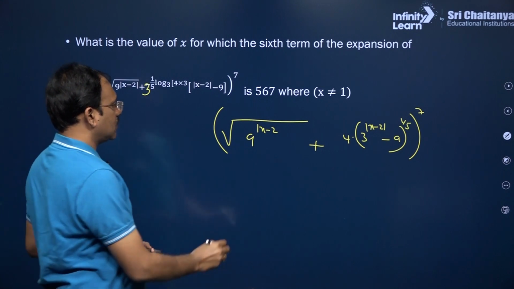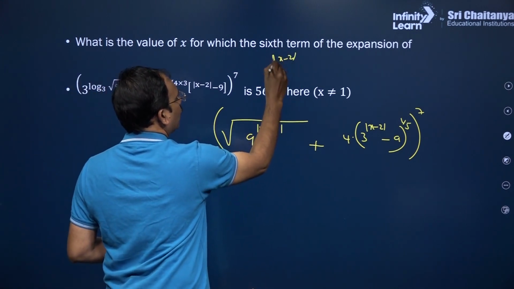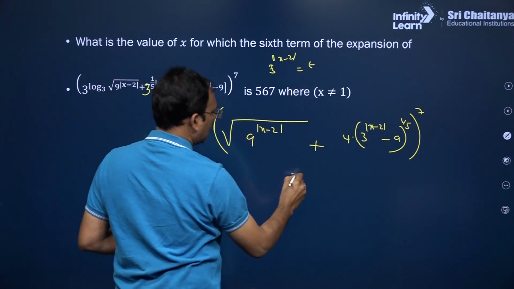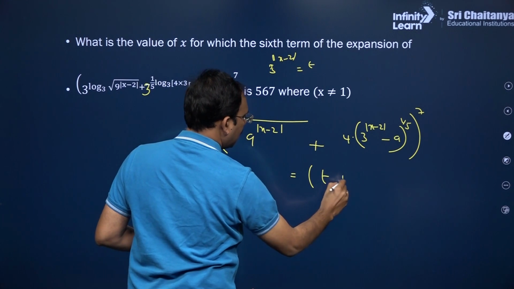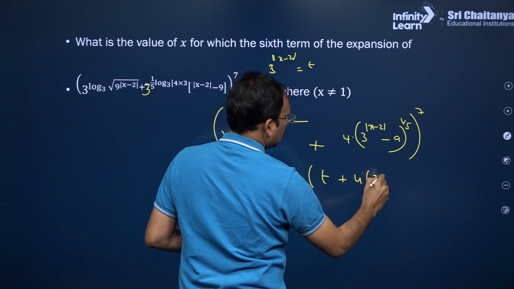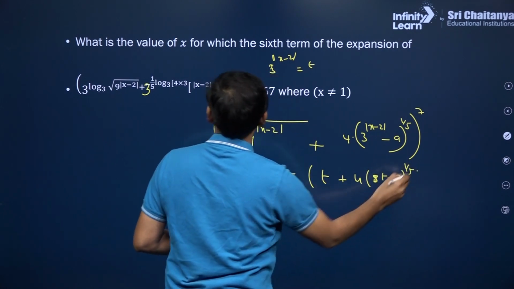Now, my dear friends, you can take 3 to the power of mod x minus 2 as some t. So this becomes the square root of t squared, plus 4t minus 9, whole to the power 1 by 5.